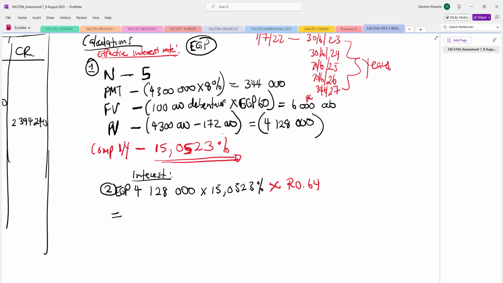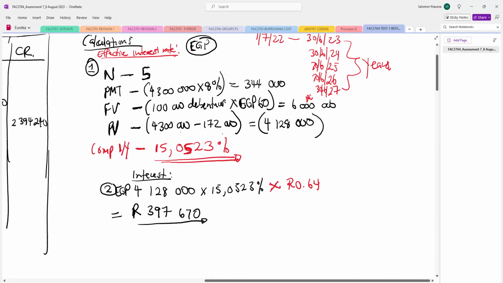So it will be 0.150523. All right. Then multiply by 0.64. So I'm able to get my rand value. Please confirm this figure. So I'm getting 397,000, basically 670. If I round it off, it's going to give me 670.